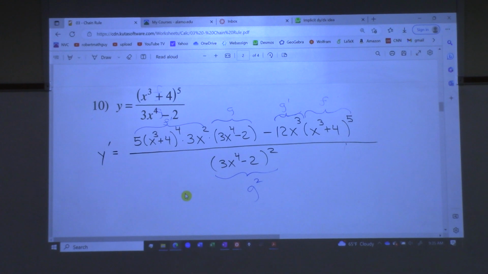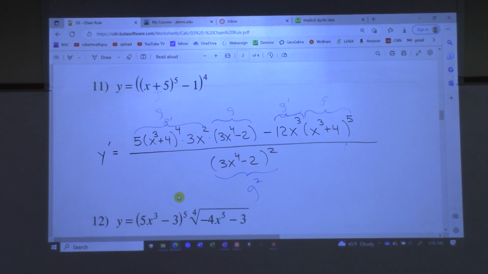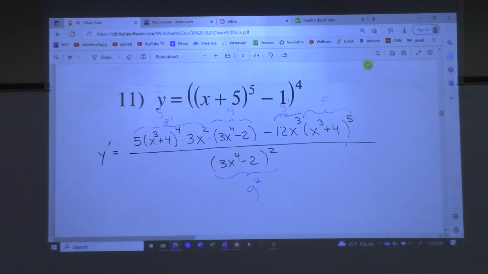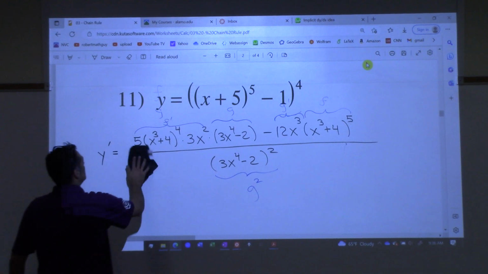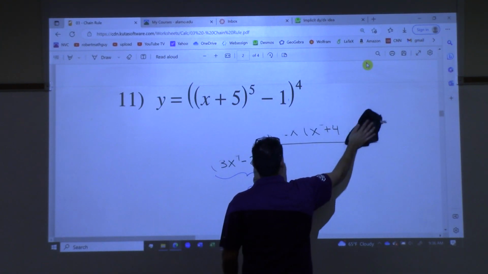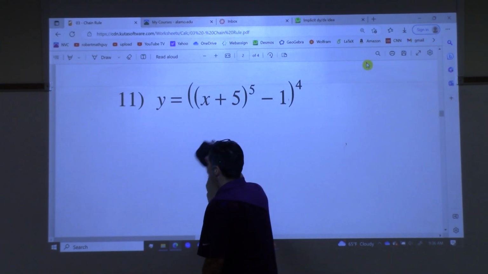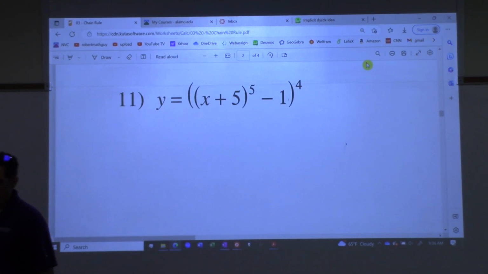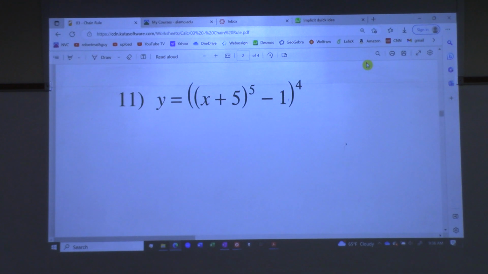Okay, good. Let's see. We've got 5 more minutes. Ooh, that's interesting. What I've noticed about this worksheet is that it doesn't have any trig functions. That's the drawback to it. It doesn't have chain rule with any trig stuff.